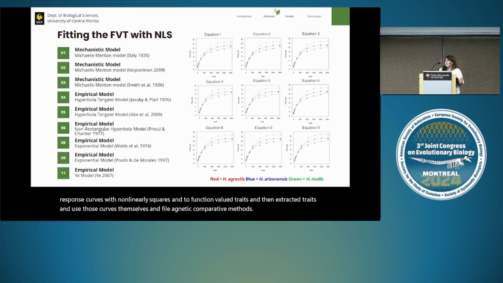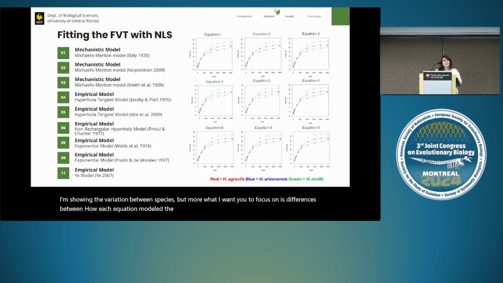The first step here being the function valued trait construction, and so we tested 9 different nonlinear models in order to reconstruct our trait, our response. I'm showing the variation between species, but more what I want you to focus on is differences between how each equation modeled the curve.